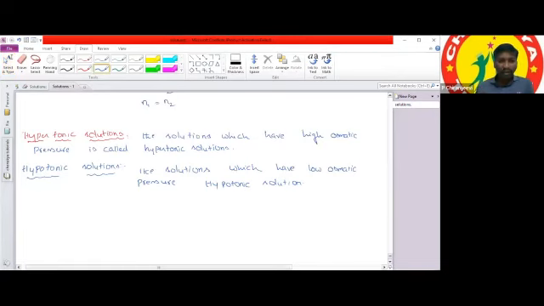When the plant cell is placed in a hypertonic solution, it shrinks.